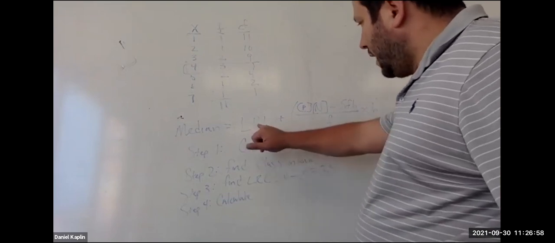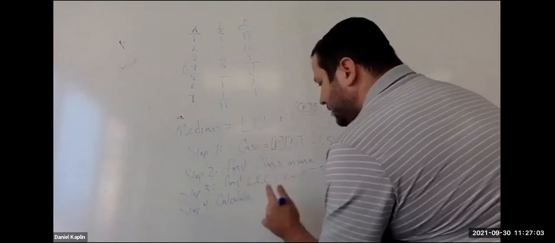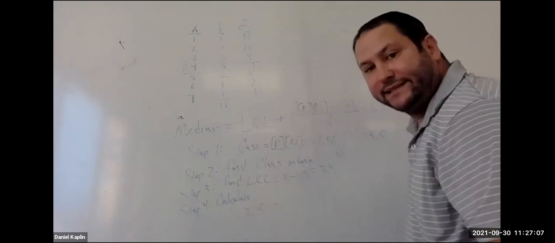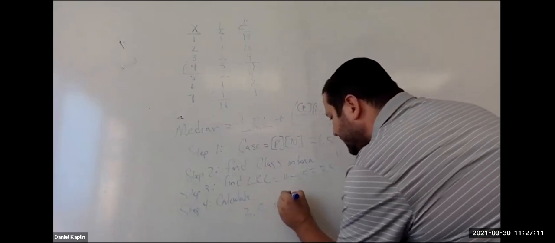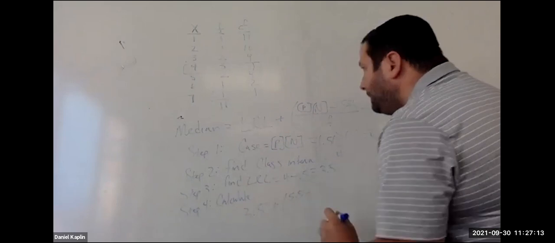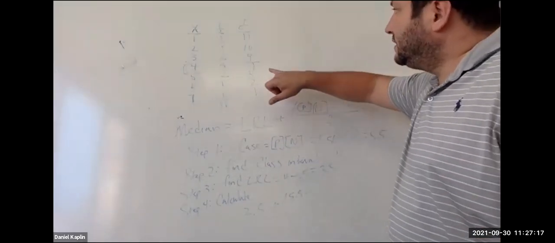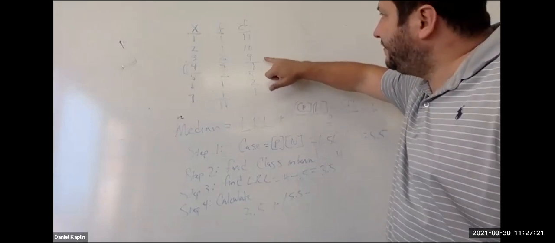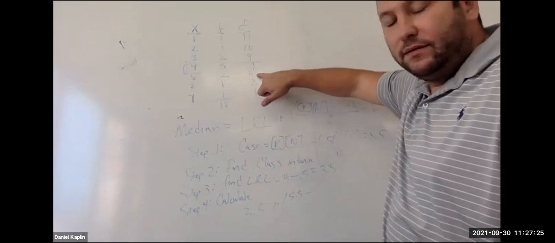So I'm going to take this lower real limit, what's the lower real limit? 3.5, plus P times N, which was 5.5, minus the sum of the frequencies below. So what is the sum of the frequencies below? 4, right? If this is 7, I go to my cumulative frequency table and I find 4.